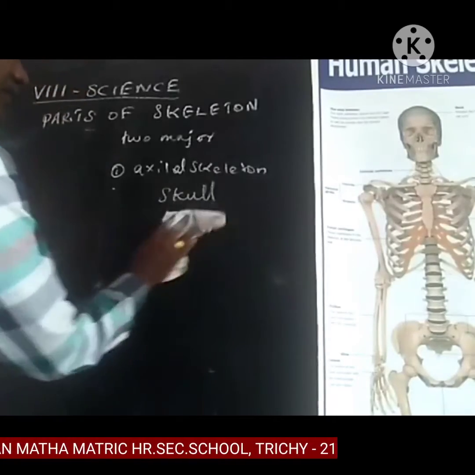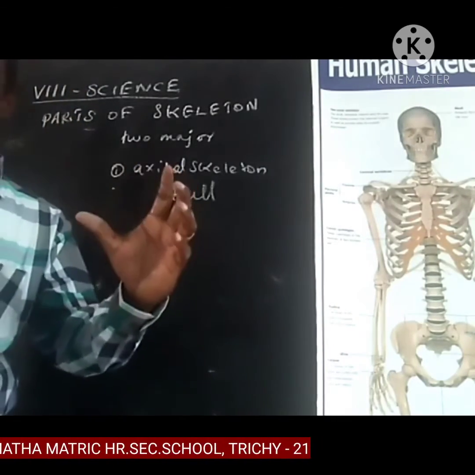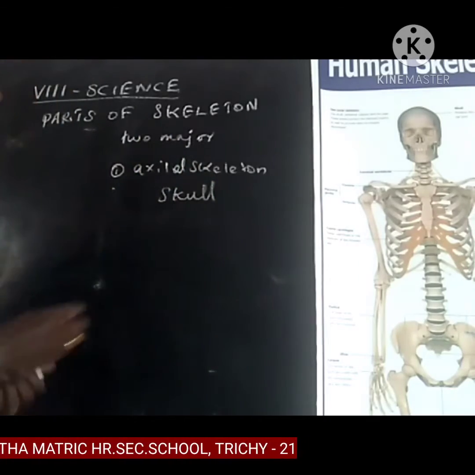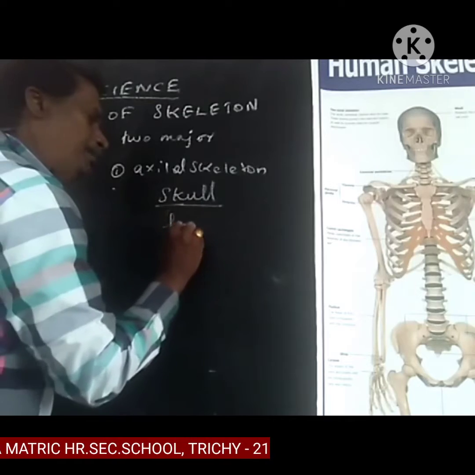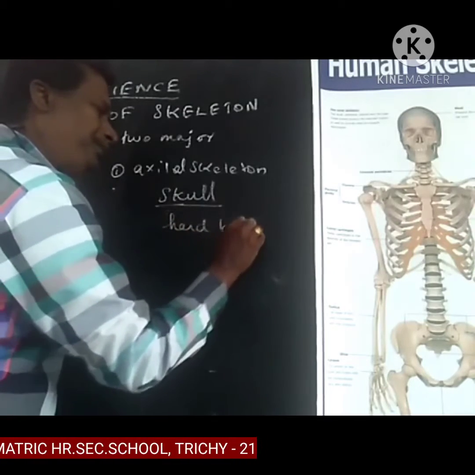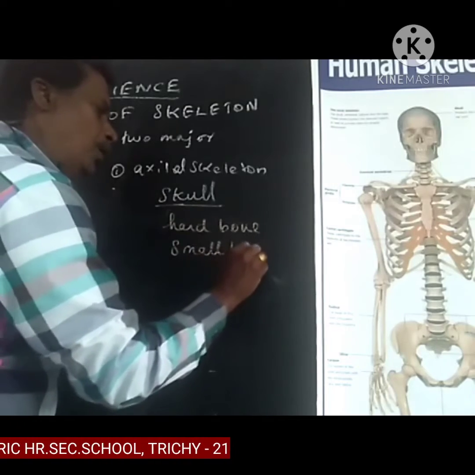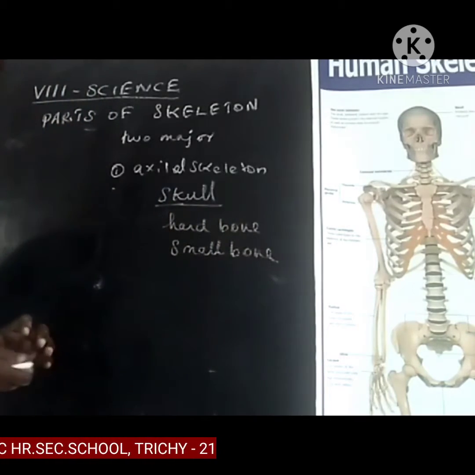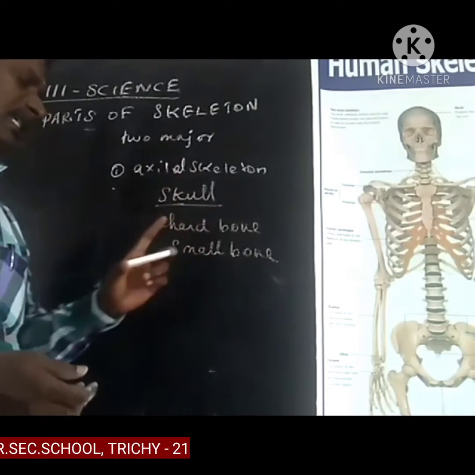The skull is a hard structure. It is made up of hard bone, and also made up of small bones.